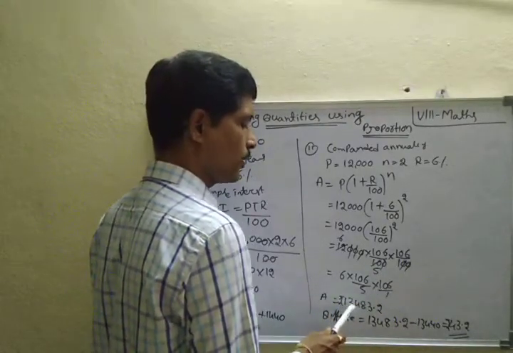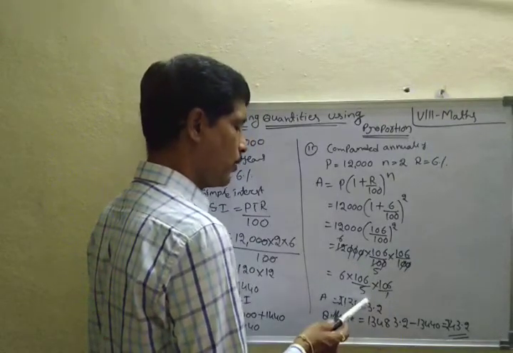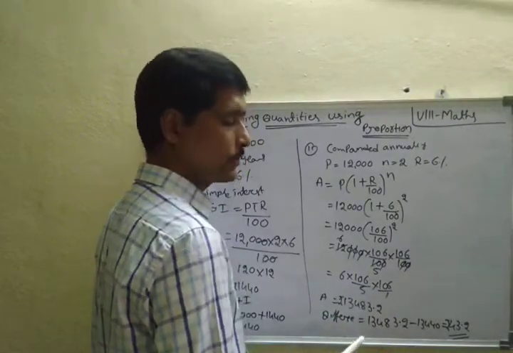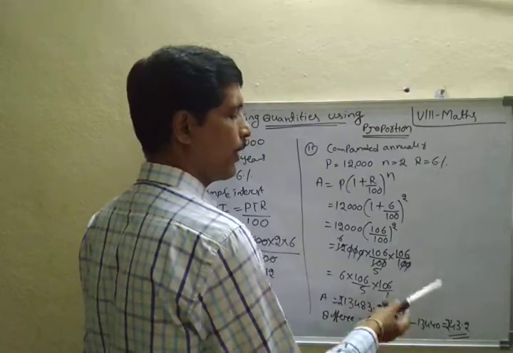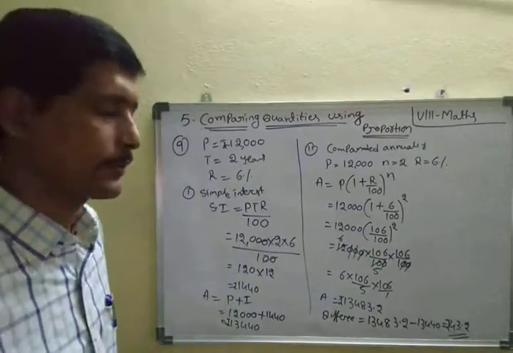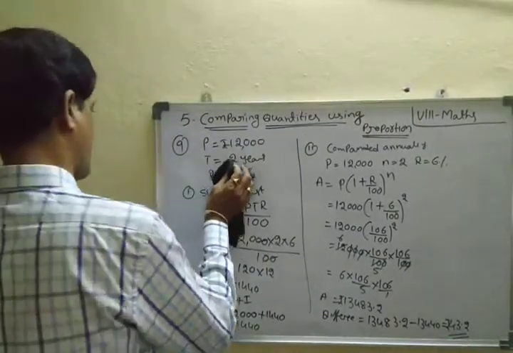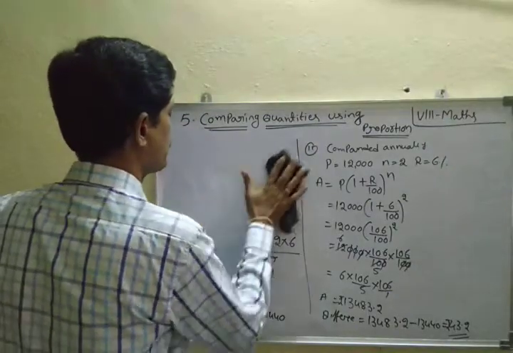Therefore total 13,483.2 rupees. Here this amount is the highest. Therefore difference amount equal to 13,483.2 minus 13,440 rupees, that equal to 43 rupees 2 paisa. Okay. 2 paisa or 20 paisa, whatever it may be, your choice.